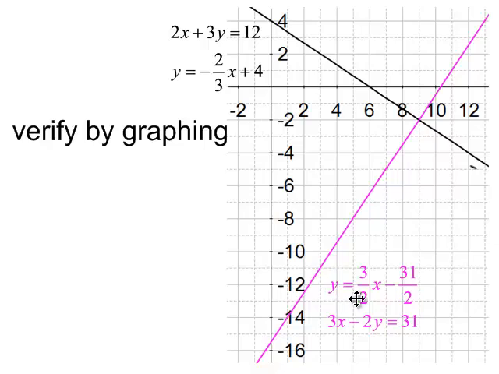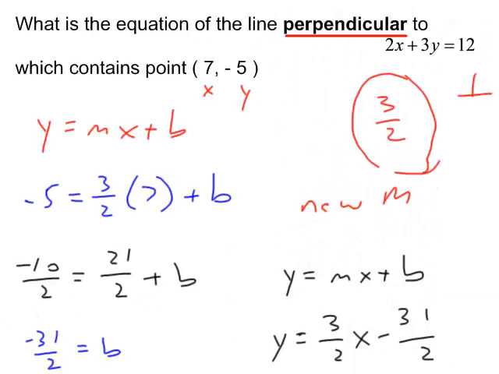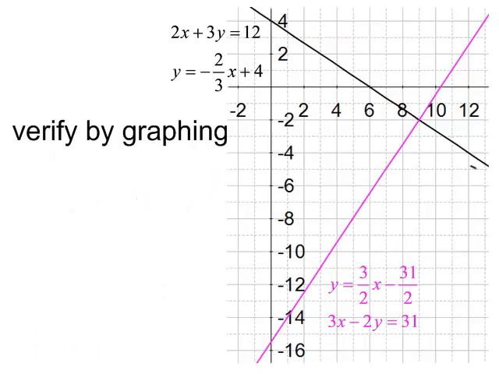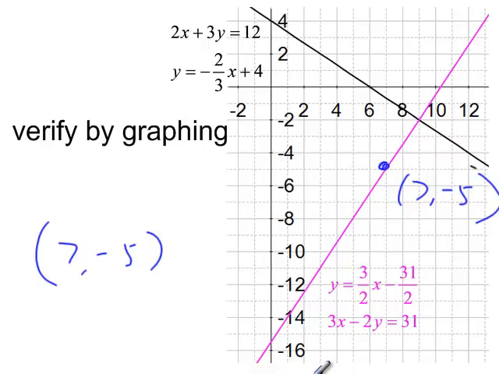And then there's the equation we found on the previous slide. And see, look, that's perpendicular, all right. Does it contain the point 7, negative 5? 7 comma negative 5. Let's see, 7 over, down 5, sure does. Yeah, I'd call that a win.